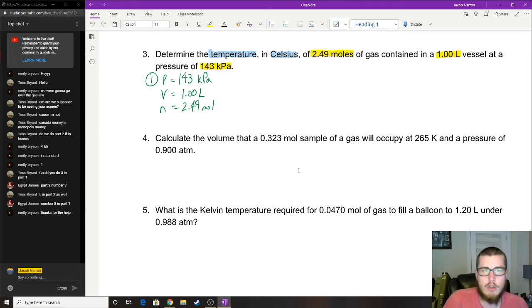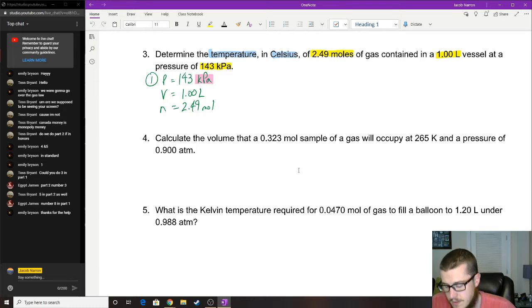Okay, and so I know what you're thinking. Well, Mr. Aaron, is that everything? Because that's all the numbers. Guys, remember, you always have the gas constant. You just need to figure out which one to use. And the thing that's going to determine that is right here, kPa. So I'm going to look at my gas constants, my R's, and see if one of them has kPa in it. Yes, it does.